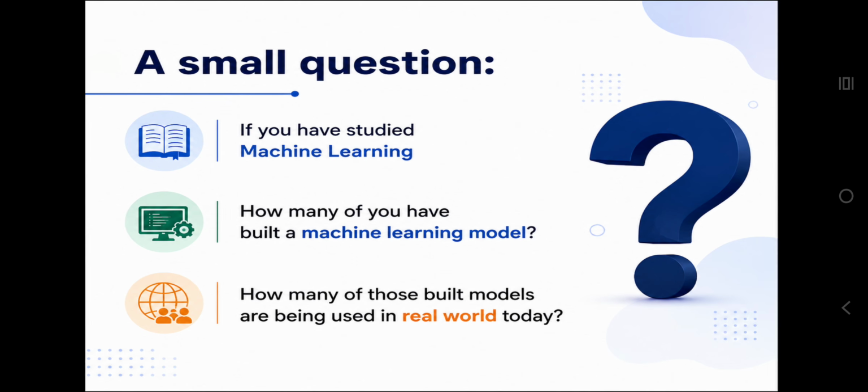If people say yes to question number one and yes to question number two, then the third question should be very understandable: the models that we have developed are to be used in the real world today. If not, there is no use of developing the models.